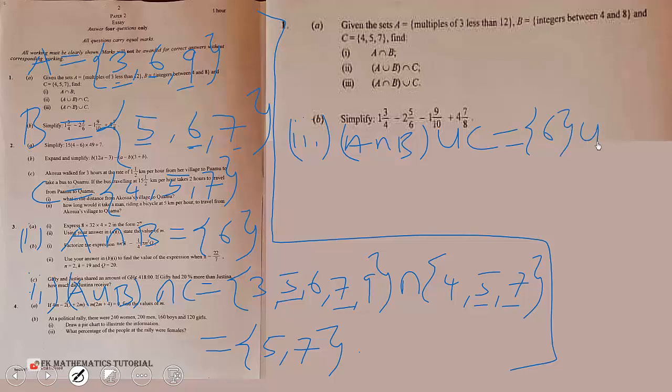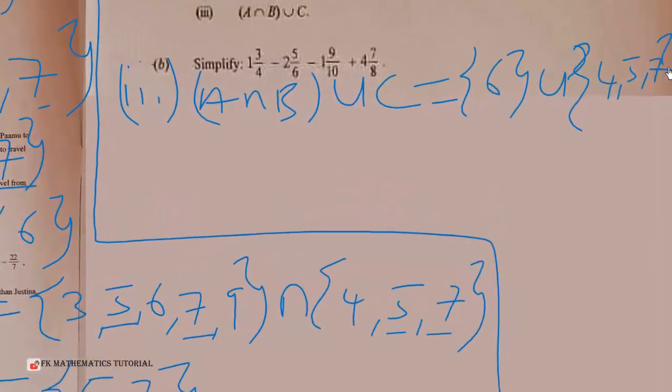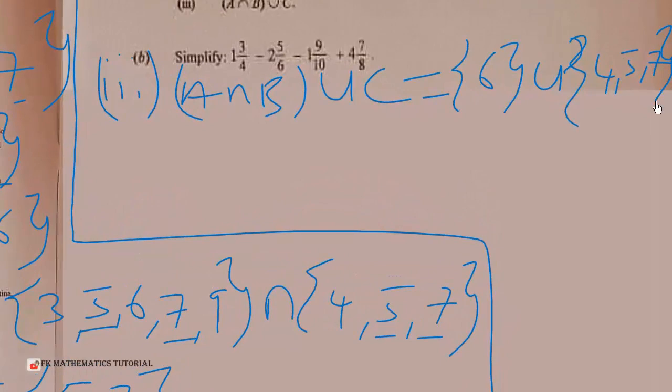So union the elements in C, which are 4, 5, 7. So the union will be equal to 4 from the list. So 4, the next is 5, the next is 6, the next is 7. So that is the elements in A intersection B union C.